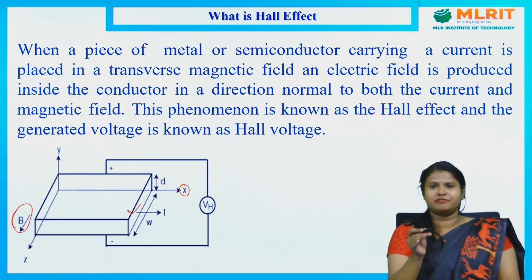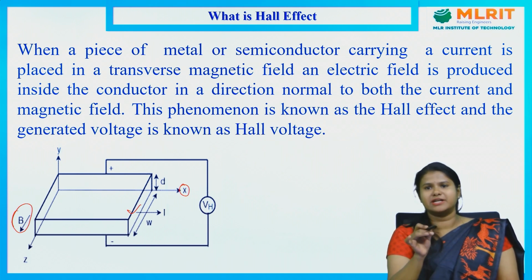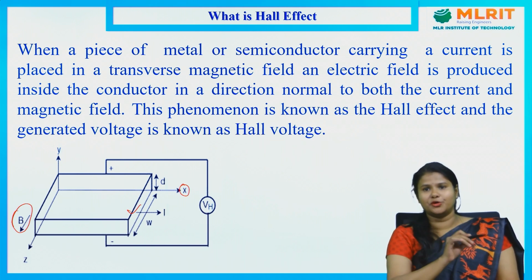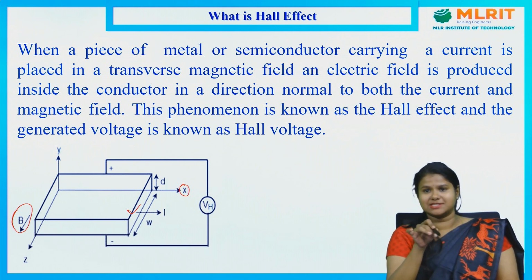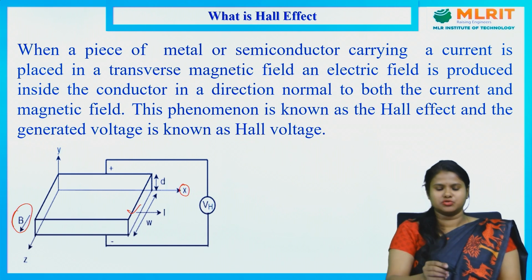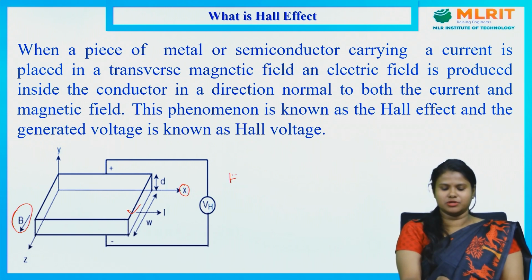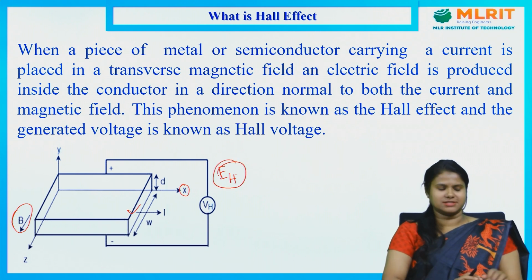According to the definition of the Hall effect, another electric field will be developed inside this sample, whose direction will be perpendicular to both the magnetic field and the current. That's why the direction of this produced electric field will be along the y-axis, which is perpendicular to both the x-axis and the z-axis. So another field, which is known as the Hall field, will be developed along the y-axis.